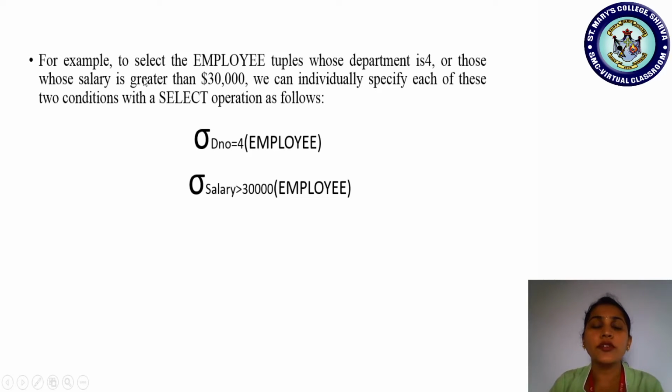In case we want to display the employee records of those who are working in department number 4, or else those employees whose salary is greater than 30,000, we can individually specify each of these two conditions with a select operation.